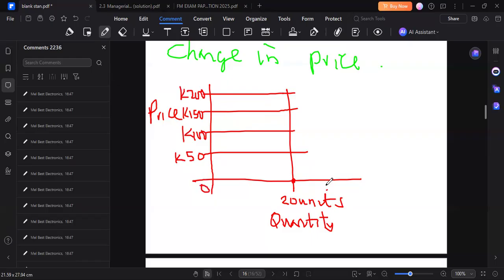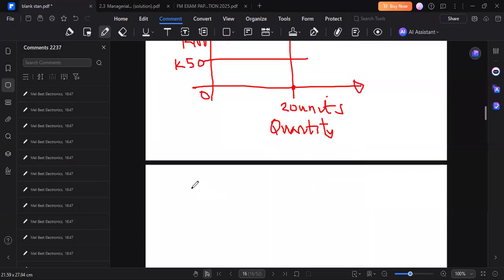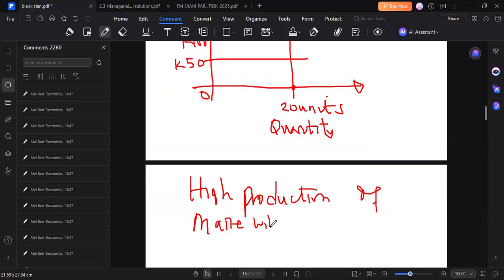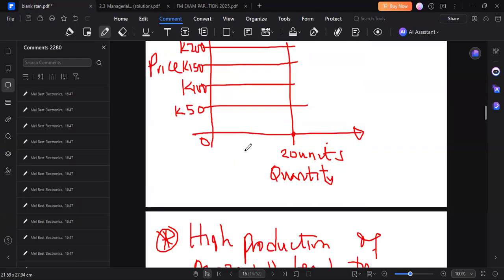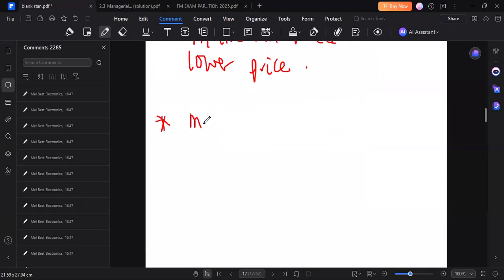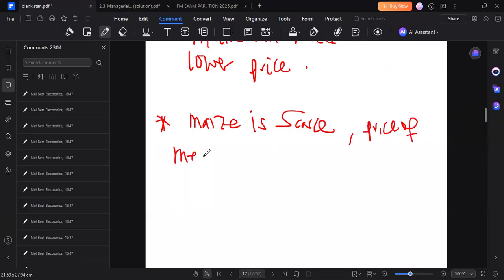But what will push the price down is high production of maize, which will lead to a lower price. If you produce in abundance, no one can buy, so you'll be forced to reduce the price. If maize is scarce, the price of mini meal increases.